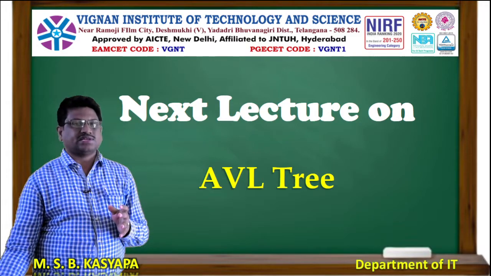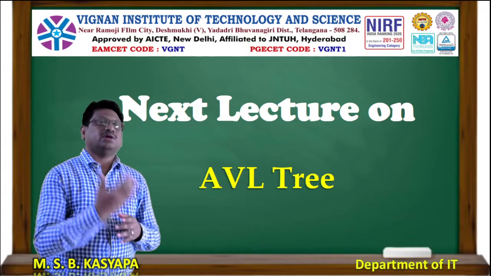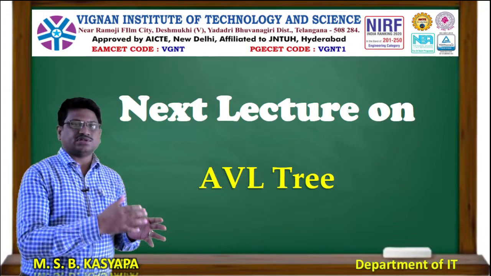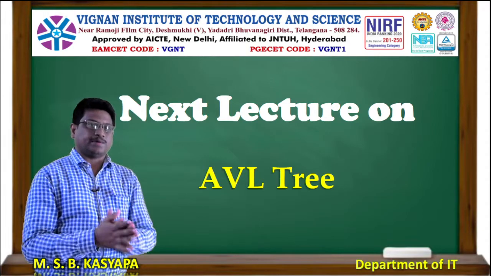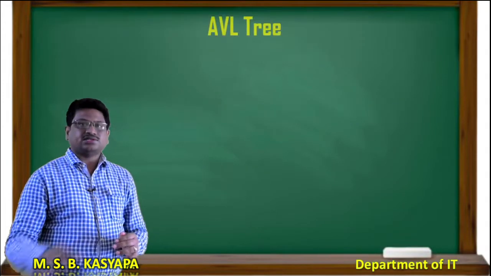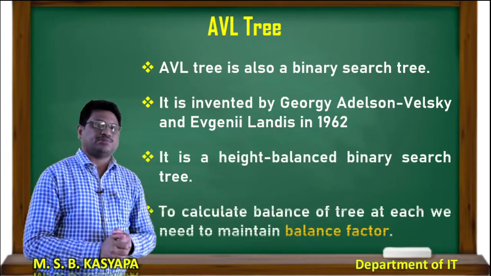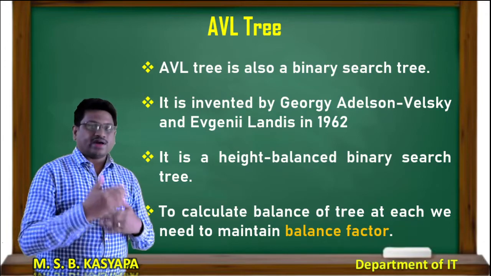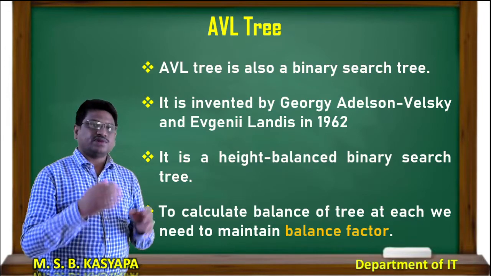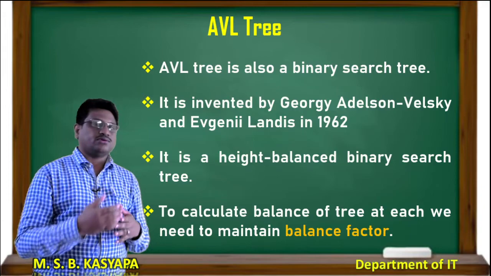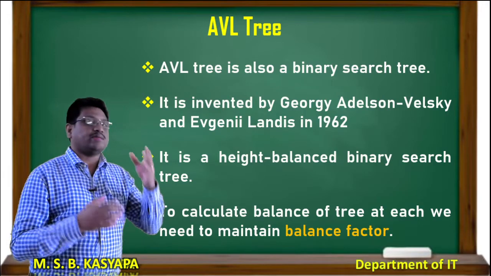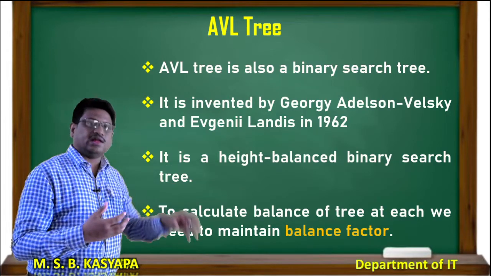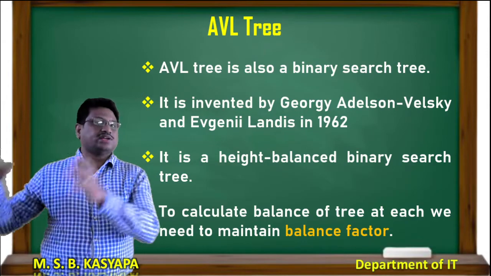In the previous classes we have discussed binary trees and the conversion of a binary tree into a binary search tree. But in binary search trees we have faced some problems. What is the problem? Even if I have followed the rules for insertion, I may still create a left skew tree or a right skew tree.